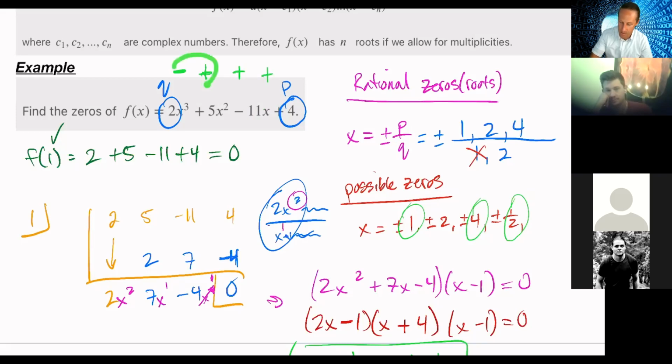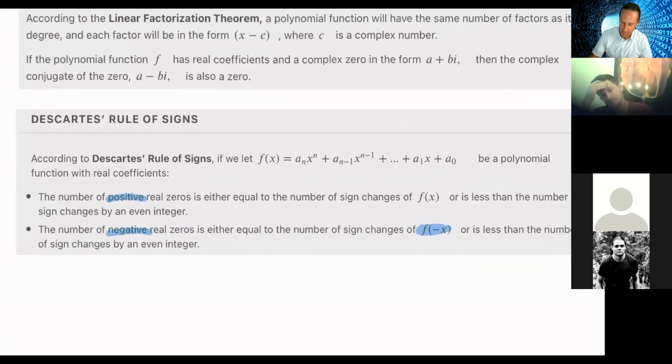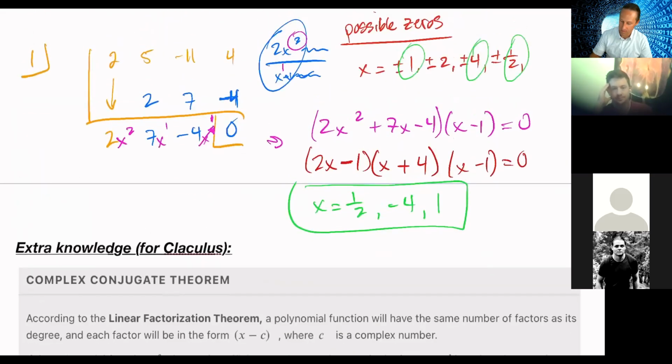So now there's only how many sign changes? 1. Just 1. Very good. Which means, according to this, if there's only 1, then again, it has to go down by an even number. You have 1 or, well, there has to be 1. So as you can see, we had 1 negative solution.